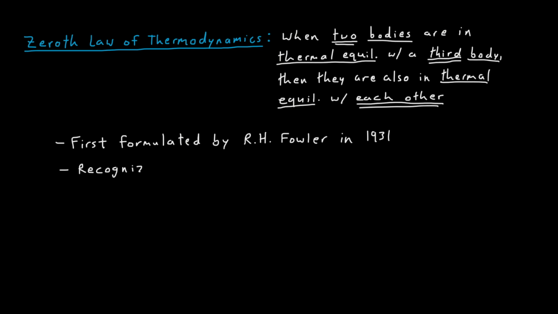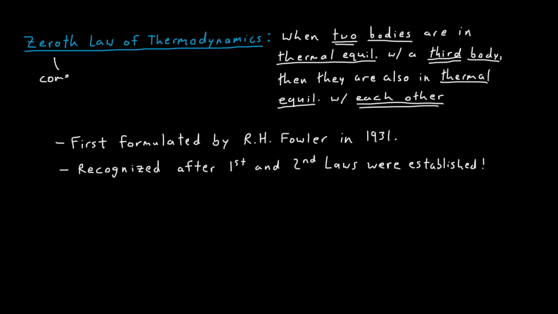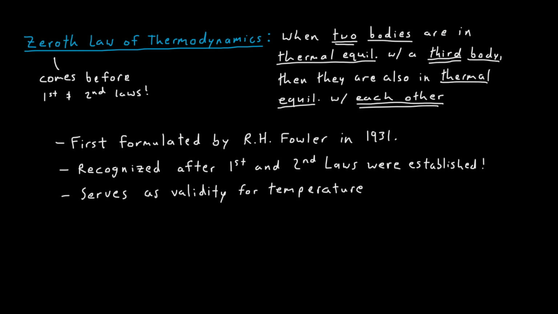And also the reason why they called it the Zeroth Law is because it was actually recognized after the first and second laws, and it is pretty much meant to come before the first and second laws. Hence the Zeroth Law.